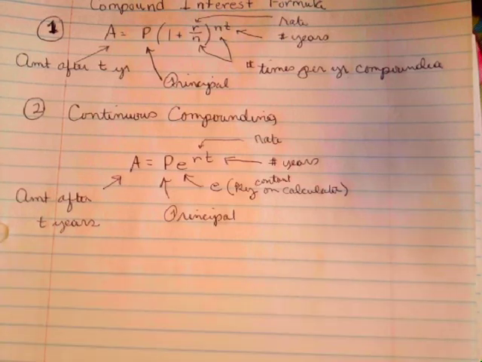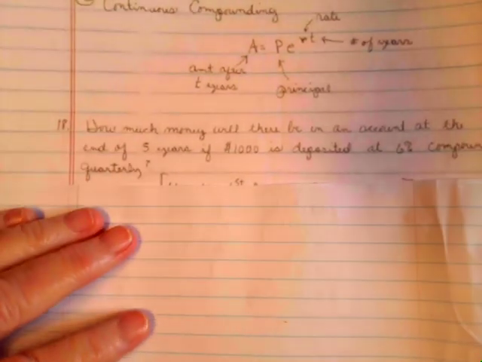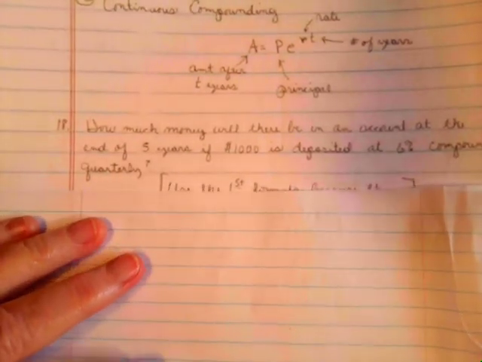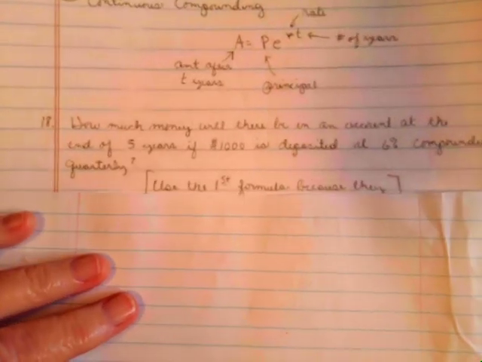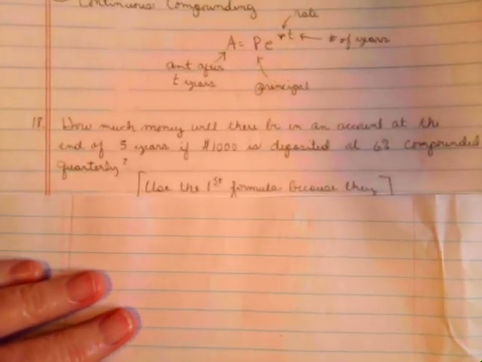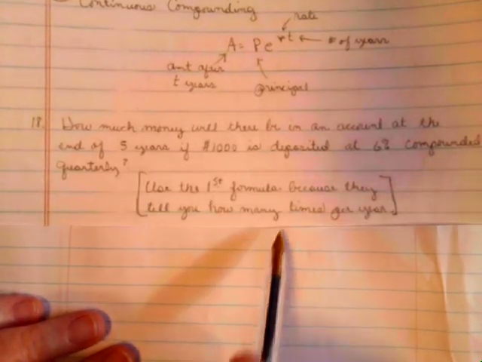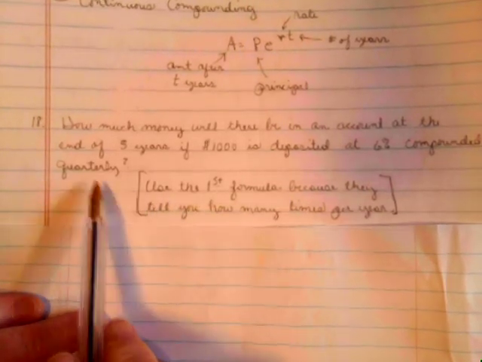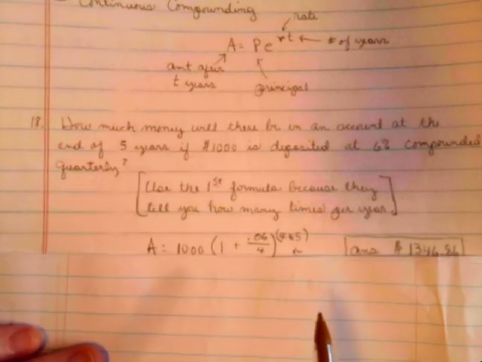Let's look at the handout that you printed off that I sent to you that says, how much money will there be in an account at the end of 5 years if $1,000 is deposited at 6% compounded quarterly? We know we're going to use the first formula because it tells me how many times per year it's compounded. When it says quarterly, that means 4.